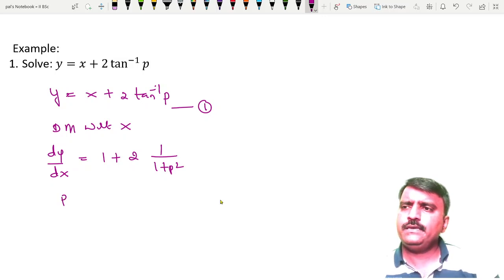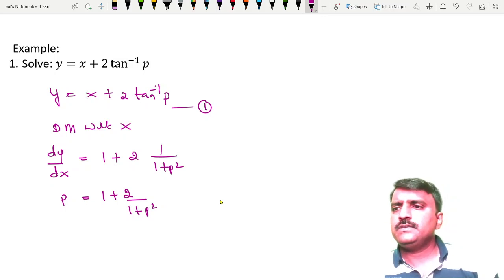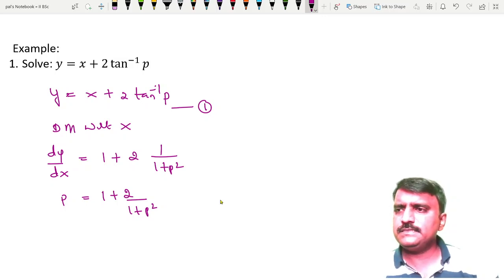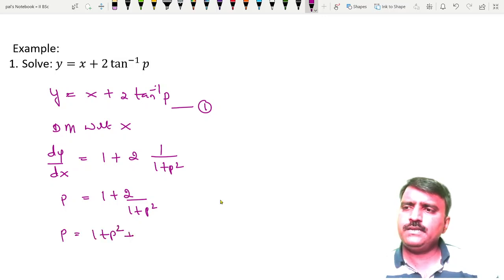So p is equal to 1 plus 2 by 1 plus p square.